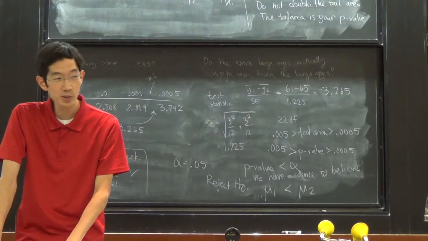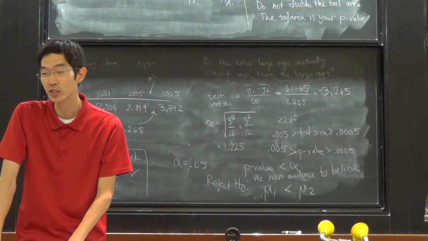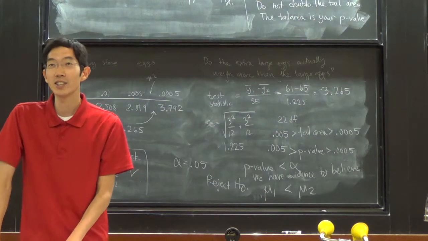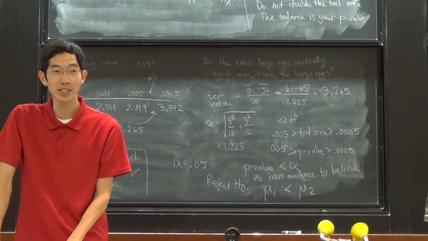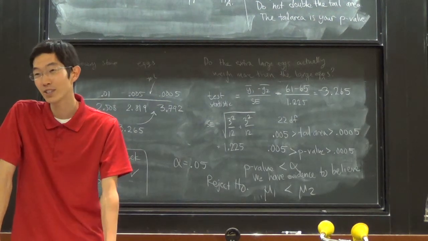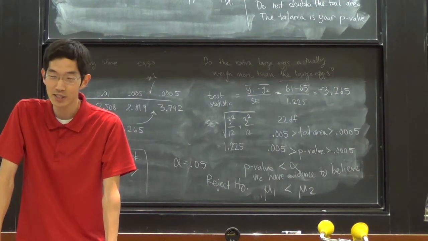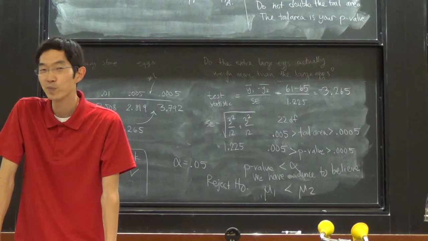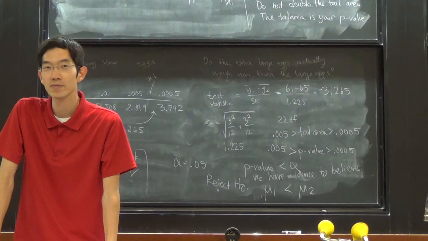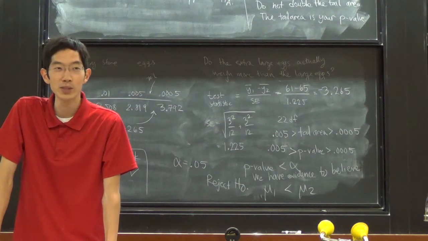That happens rarely, and depending on what textbook you read, they'll say if your p-value is equal to alpha, then you should reject or you should not reject. It's ambiguous.